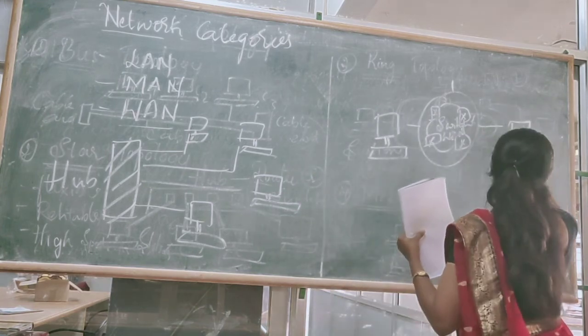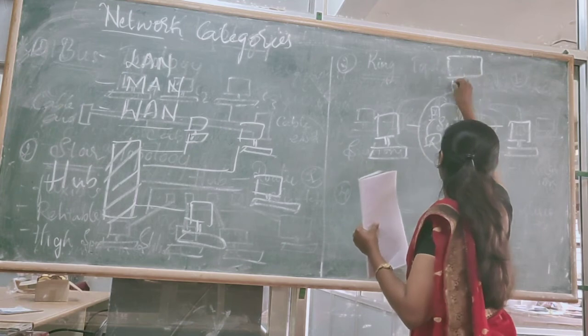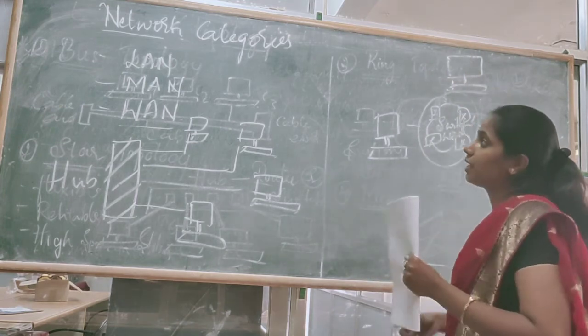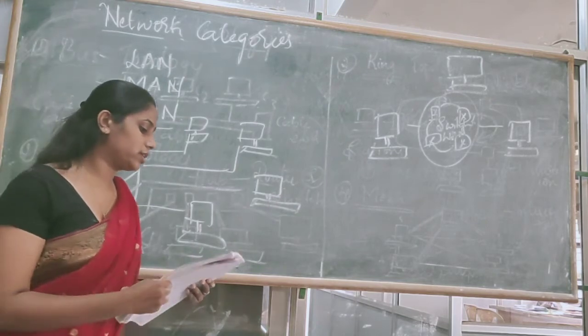Okay, this is the diagram for WAN. Okay, wide area network.